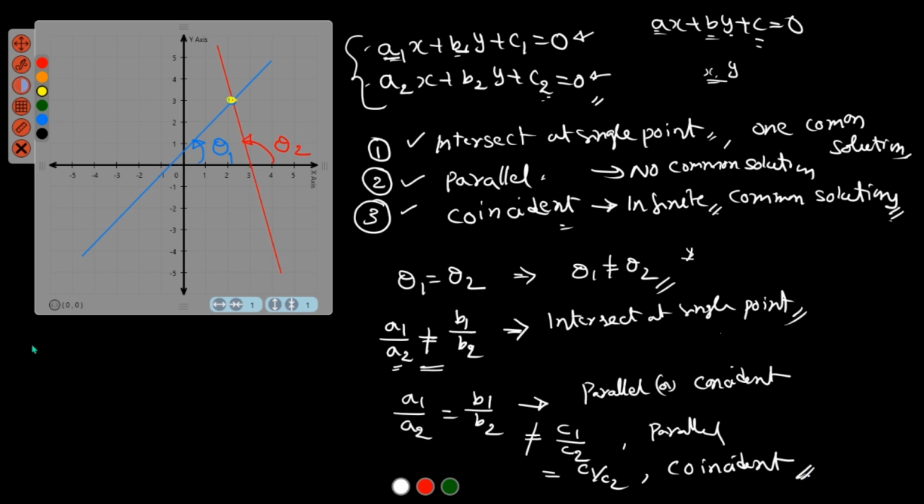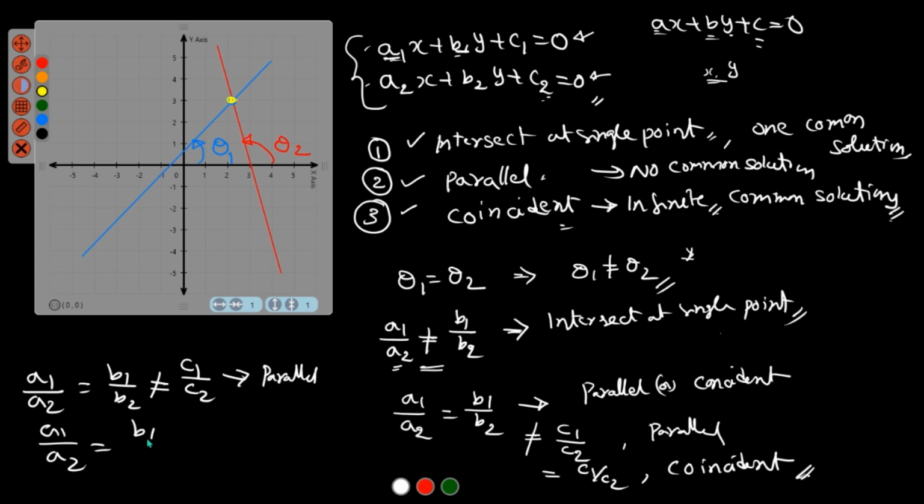Now overall I will write the single expressions like this: a1 by a2 is equal to b1 by b2 is not equal to c1 by c2 means parallel lines. If a1 by a2 is equal to b1 by b2 is equal to c1 by c2, these are coincident lines.